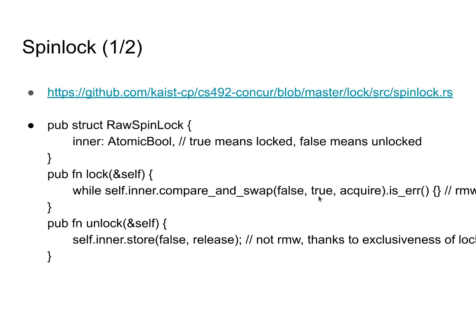So there is no way that multiple threads are holding the lock at the same time, and you can store the false value because you definitely know that you have acquired a lock. So why are these acquire and release orderings even necessary? What is the purpose of this? I'm going to explain the necessity of these orderings in the next slide.